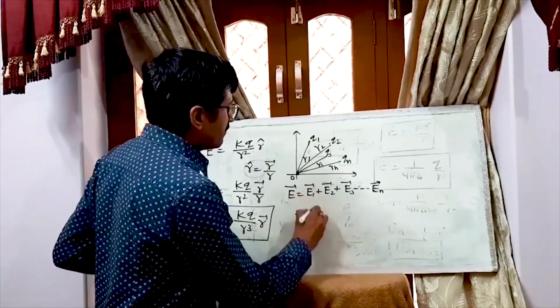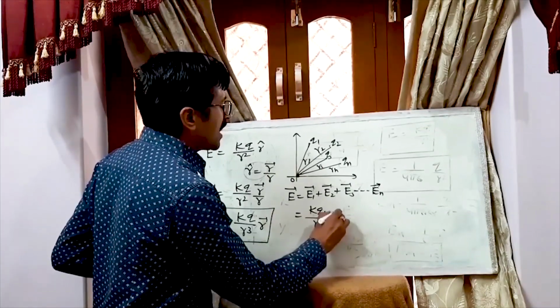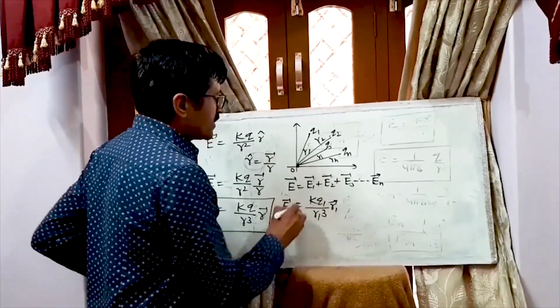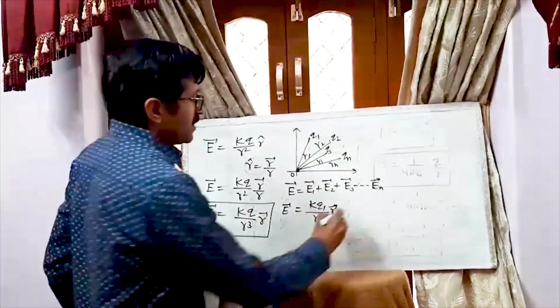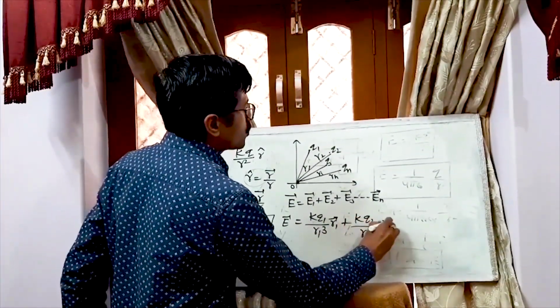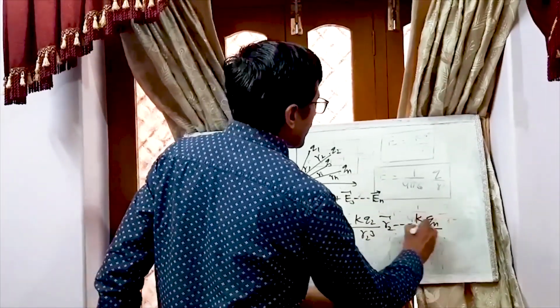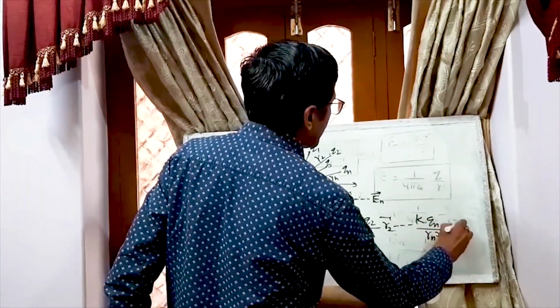Then what about E1? That will be KQ1 upon R1 cube R1 vector. We have to put it in terms of vectors, remember. Then KQ2 upon R2 cube R2 vector, and so on up to KQn upon Rn cube Rn vector.